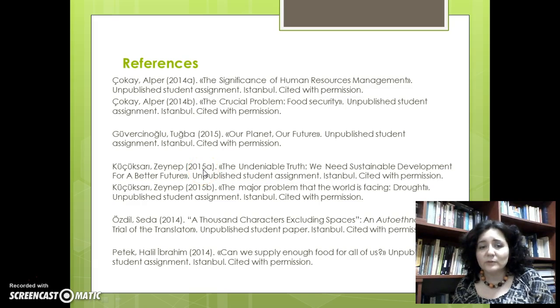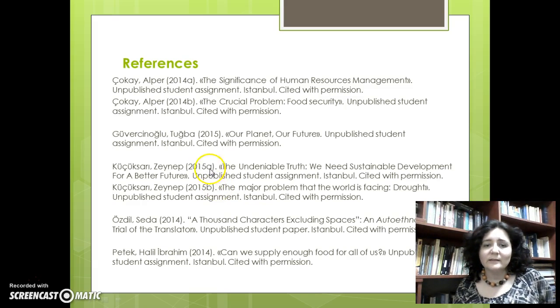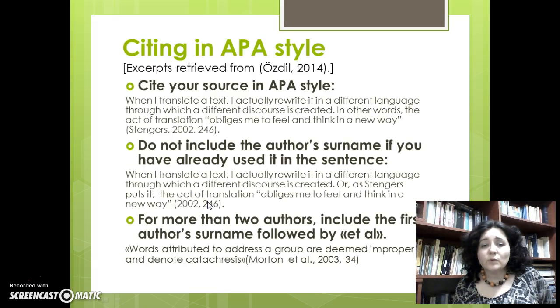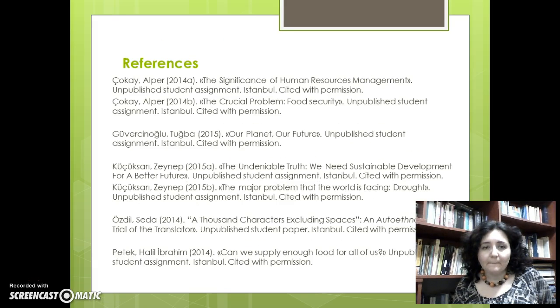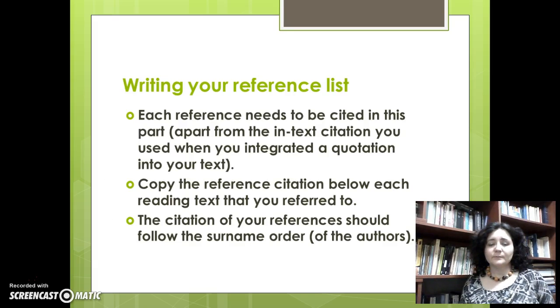I have referred to the two texts of this writer, so I call them 2015A and 2015B, because if they were written in the same year, then you have to give another code to distinguish between them. And that's how it goes. This is how a typical reference list looks.